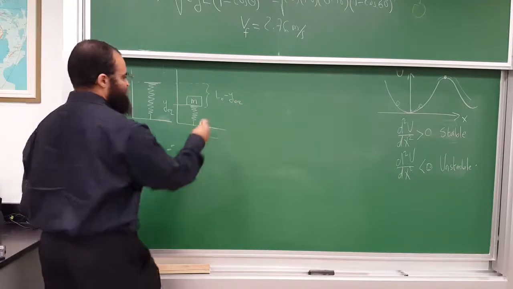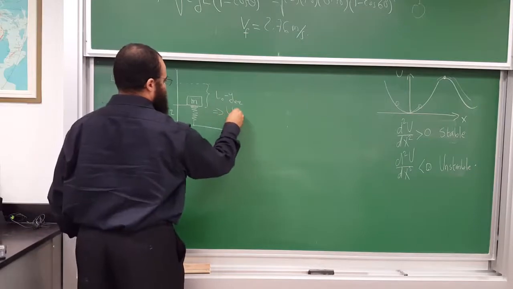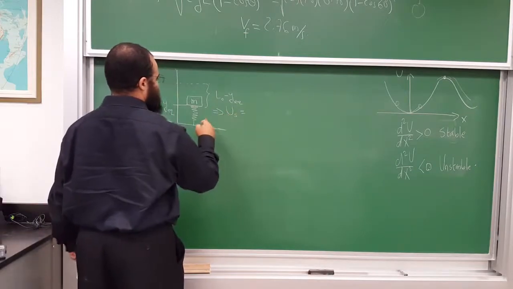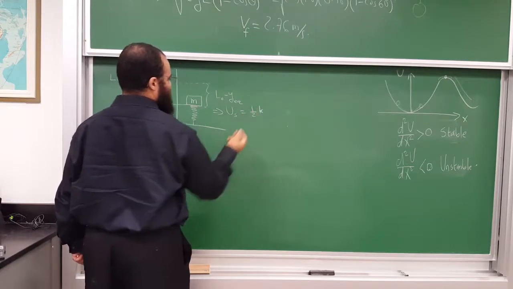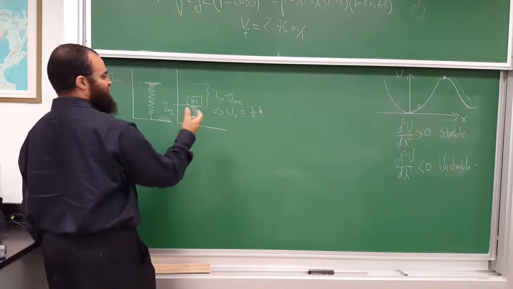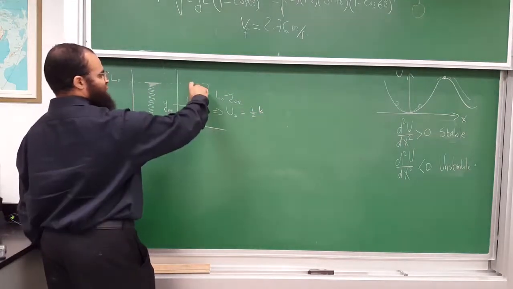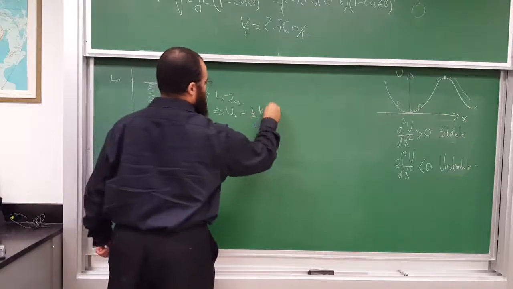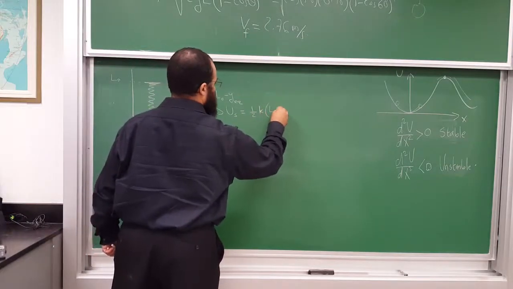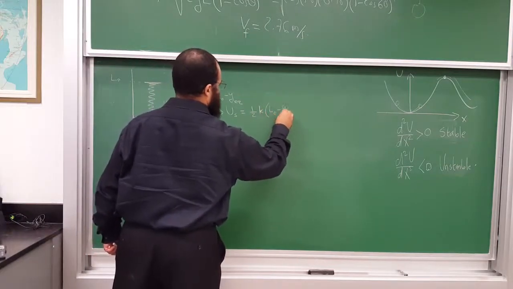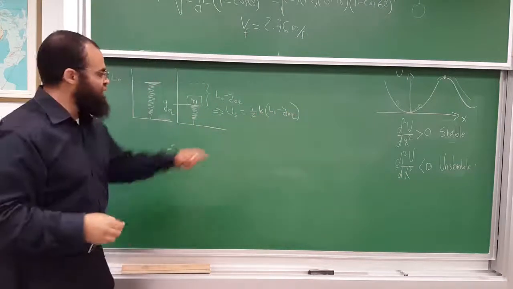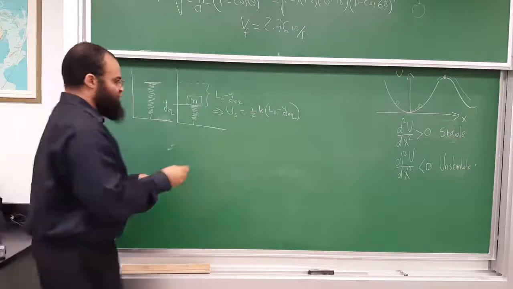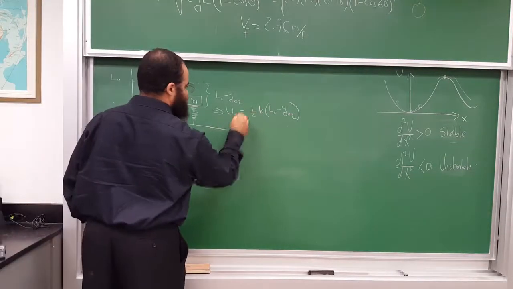Well, the potential energy in the spring will equal 1/2 kx squared, where x is the compression or the stretch, and we have compressed it by this much, so it's 1/2 k (L0 minus y equilibrium) squared. That's the potential energy stored in the spring.